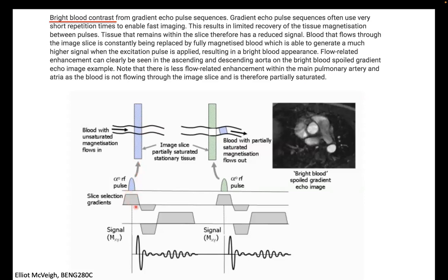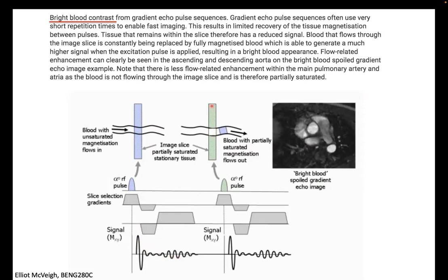And so we slice select, and the phase encoding isn't shown here, but we do a phase encode pulse here, and then we read out here, and then we do it again very quickly. A pulse sequence that looks like that, sometimes these are literally 2 milliseconds apart, sometimes 1 millisecond apart. So you can do this really fast. And so we get signal from the whole slice at this point.